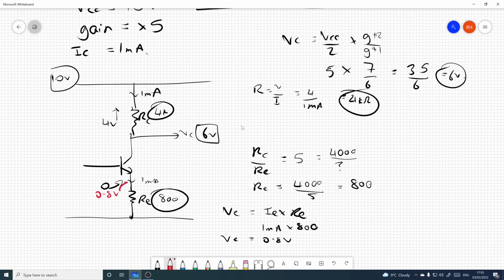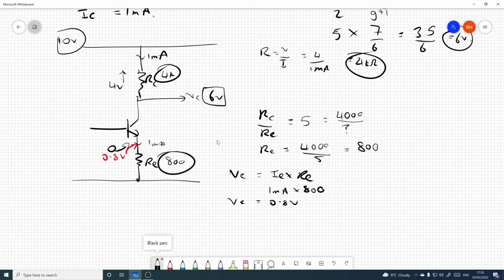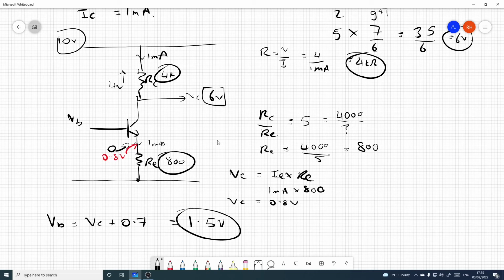0.8 volts. There. Great. Now, if we then go up a VBE, a 0.7, to get to the base value, VB, VB is equal to VE plus about 0.7 is equal to 1.5 volts. So that's the design goal here, is to try and squelch that to be 1.5 volts.